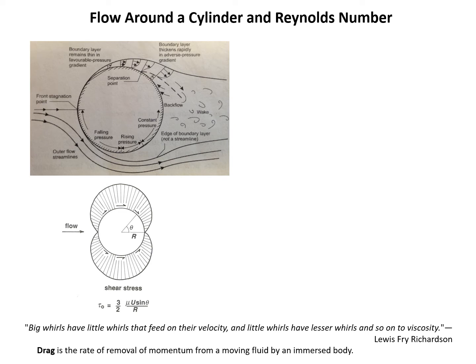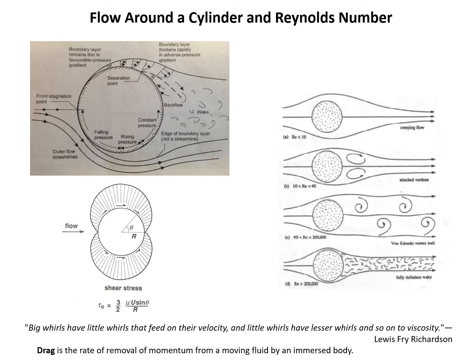It says, the big whirls have little whirls that feed on their velocity, and little whirls have lesser whirls, and so on to viscosity. So the energy is basically taken away from the momentum of the flow. Either the cylinder could be moving or the flow can be going over the cylinder. It's relative, right? And it's being dissipated in these eddies, which eventually become heat.